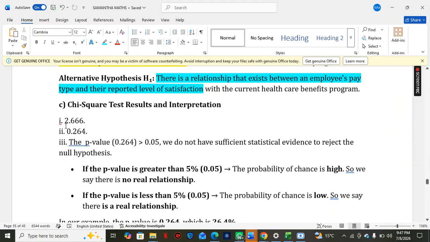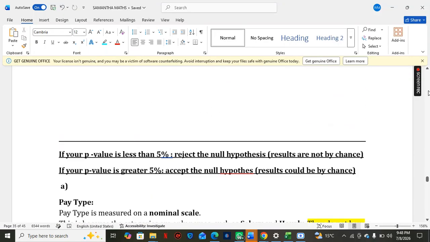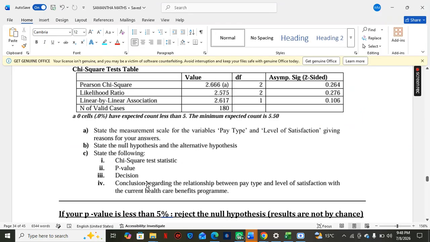So our p-value here is 0.264. Then part 3. What is the decision?